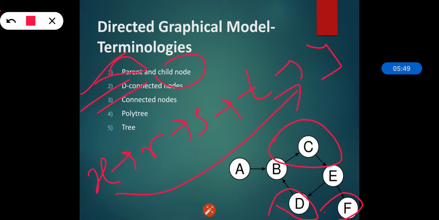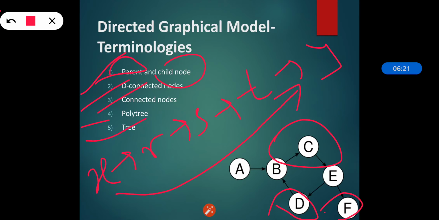Then comes the concept of the polytree. It is an acyclic graph, which is also called a singly connected graph or a polytree, if and only if each pair of distinct nodes is connected by exactly one path. So the graph or tree does not have any circuit, and the pairs of nodes of that tree are connected by exactly one path, then that is called a polytree.